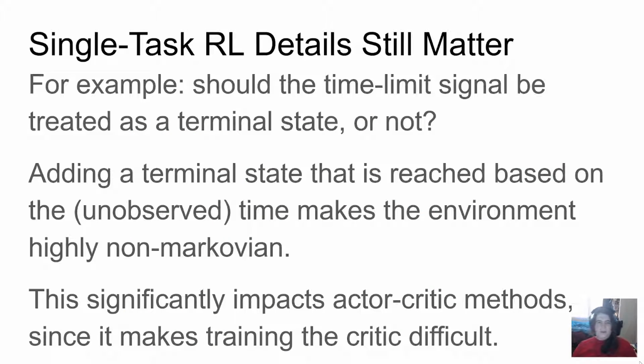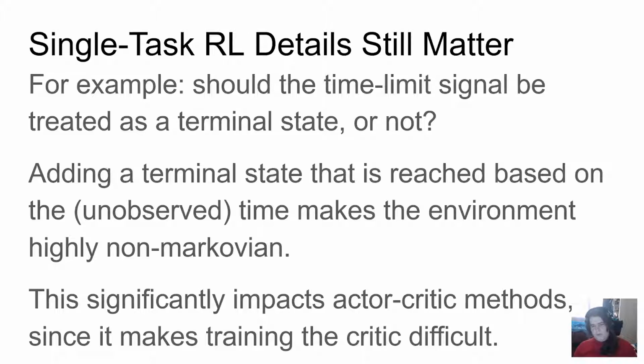We also find that single task reinforcement learning details can still matter in some cases. One issue that can happen, especially in applying Q learning, is that if you have a time limit to your environment, one way you could express that time limit is that when the time limit is reached, the agent is forcibly transferred to a terminal state. Some MDPs contain terminal states, and having to reason about them correctly is a necessary part of Q learning.